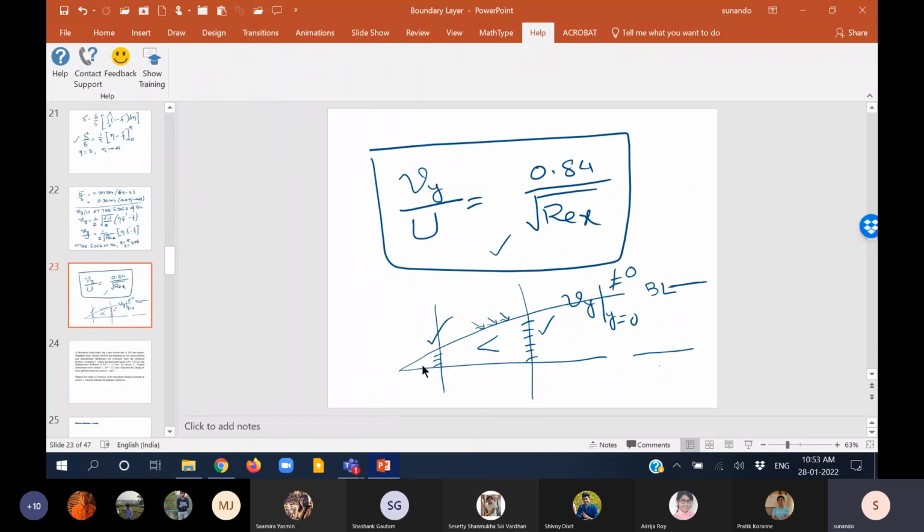If I take this plane and this plane, we understand that Vx is a weak function of x. Vx varies drastically with y, but doesn't vary much with x.